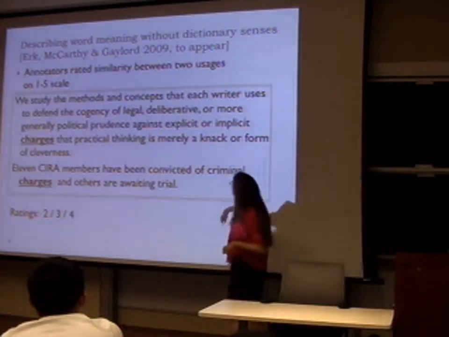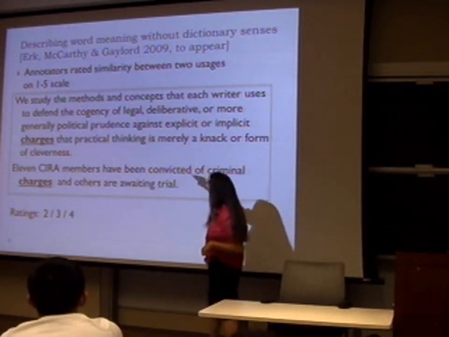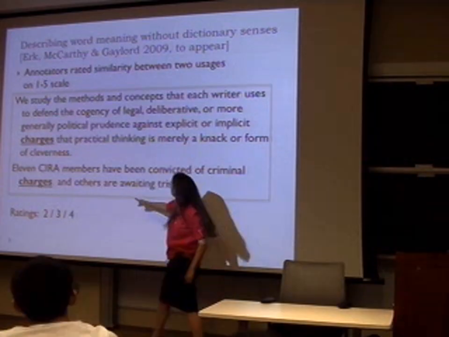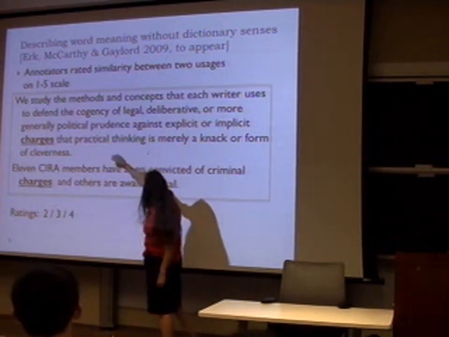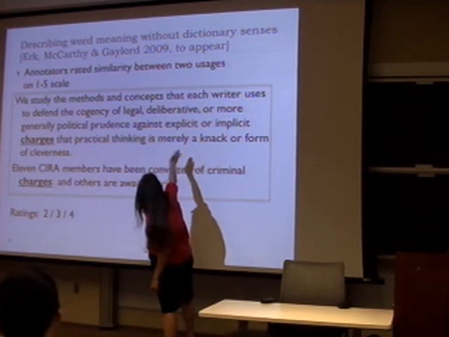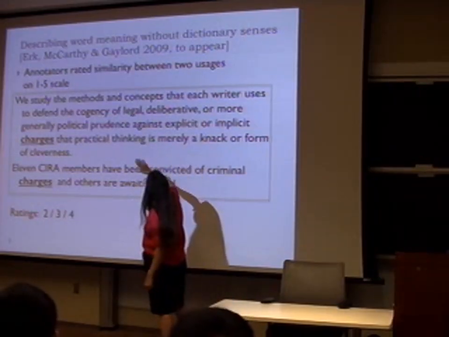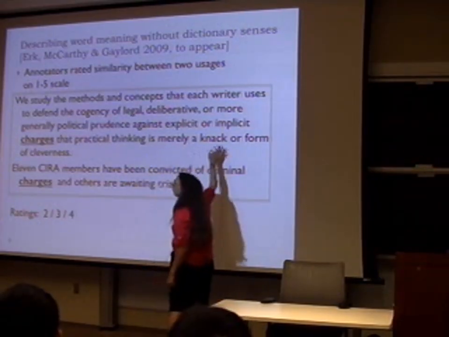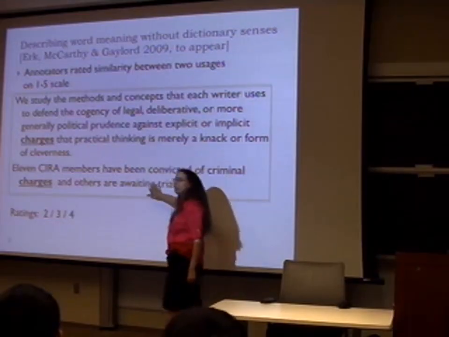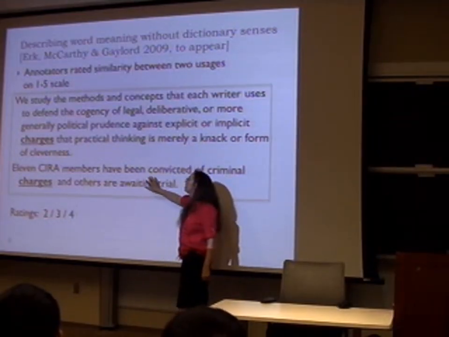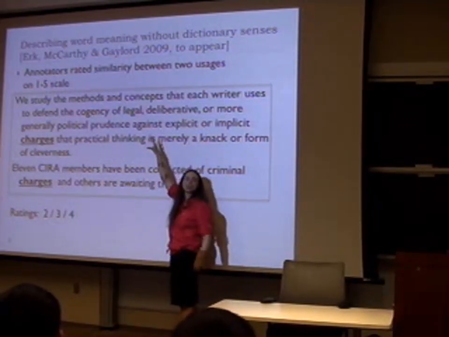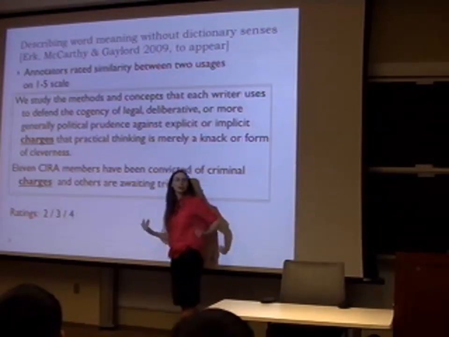So we have here convicted of criminal charges, and up here explicit or implicit charges that practical thinking is merely a knack or form of cleverness. So down here, this is criminal charges, and up here, this is charges in a debate.